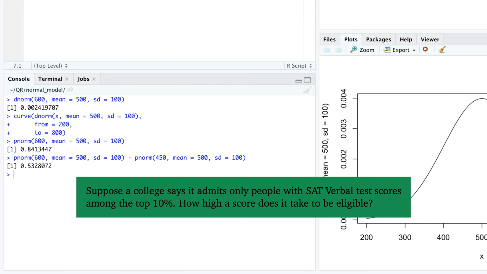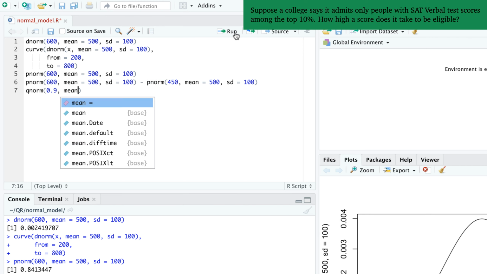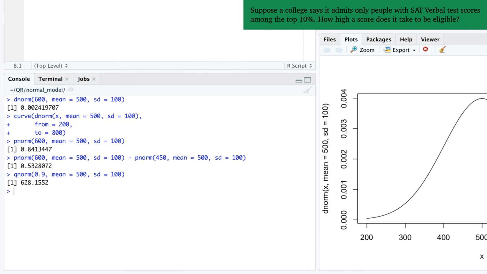How high a score does it take to be eligible? Here is R's answer. We call the qnorm function and use as its first argument 0.9, which is the fraction of applicants below the score that we're looking for. We conclude that we need a score of 628 points.